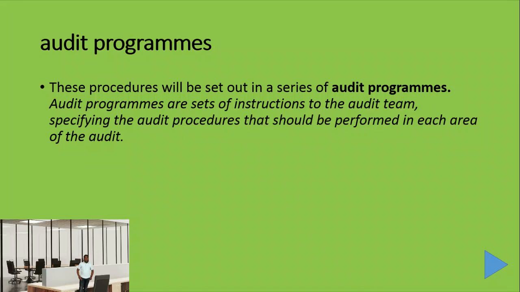Audit program, simply put, is an instruction to the audit team. So basically, audit programs are a set of instructions to the audit team specifying the audit procedures that should be performed in each area of audit.